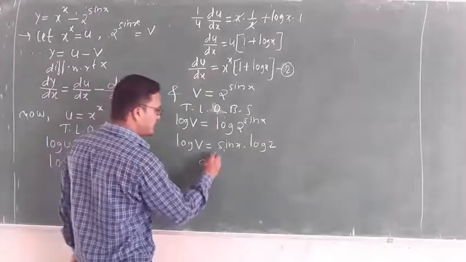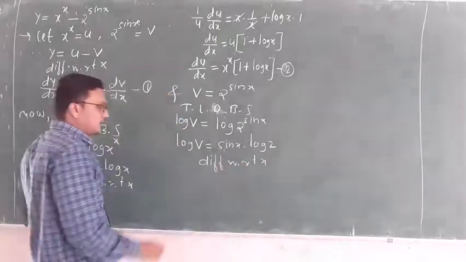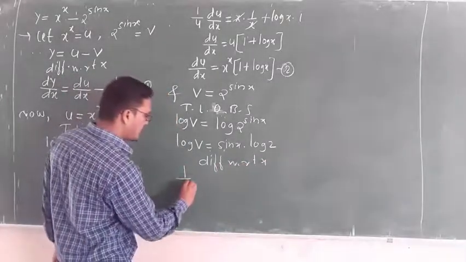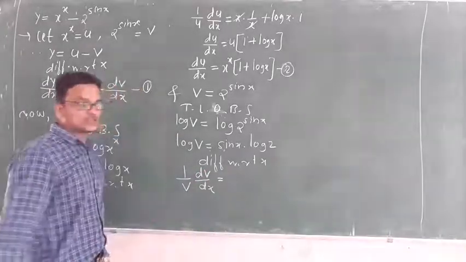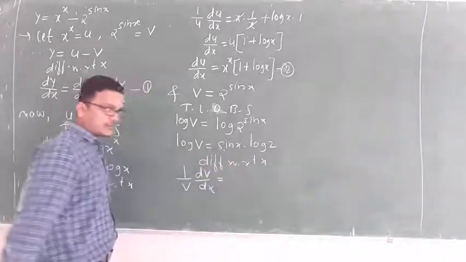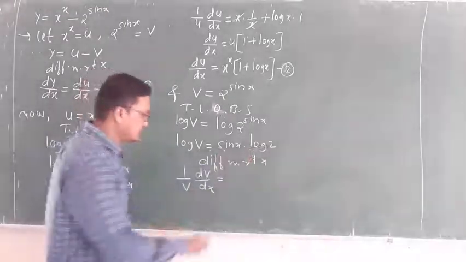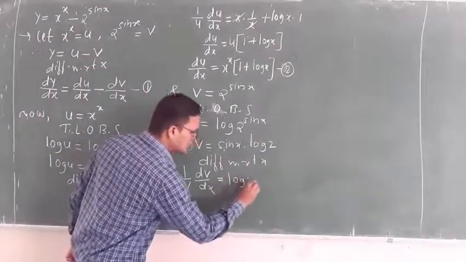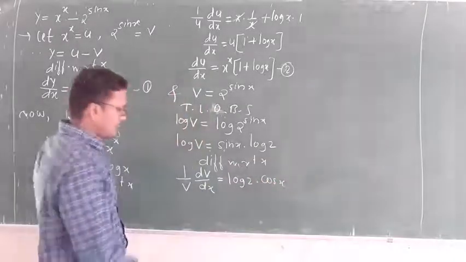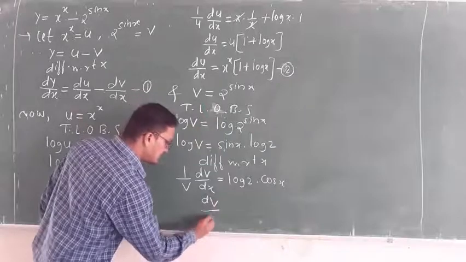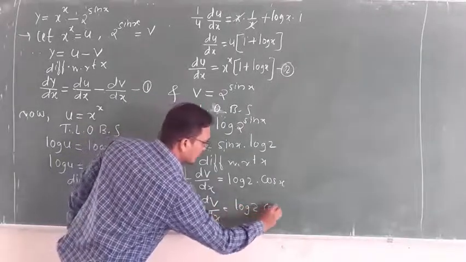Now differentiate with respect to x. The derivative of log v is 1 by v into dv by dx, which is equals to, with respect to x log 2 is constant, so keep log 2 as it is into the derivative of sin x, which is cos x.